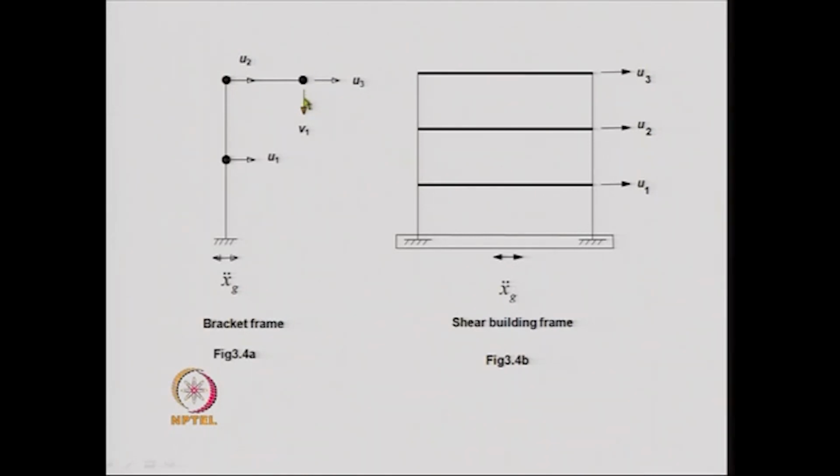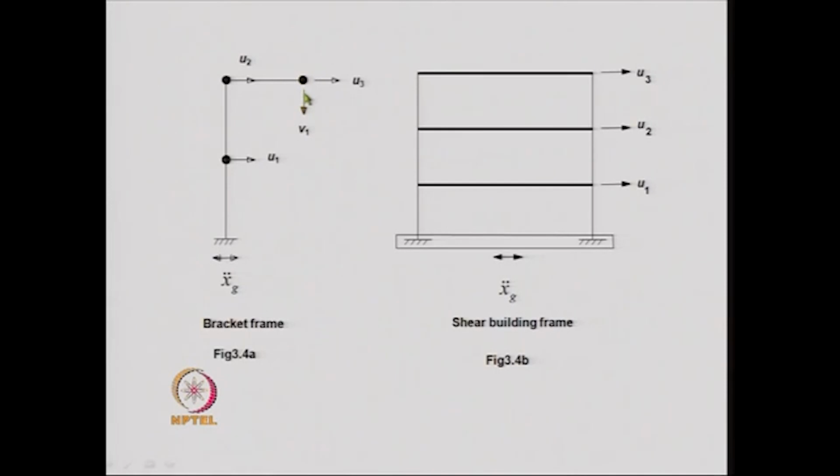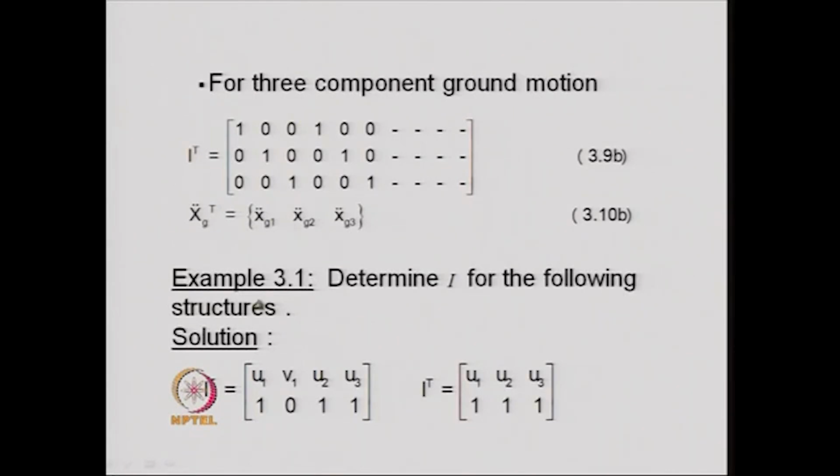So, in this case the influence coefficient vector I takes for U1 the value 1, for V1 it becomes 0, and for U2 and U3 they become 1. Since there is no ground motion acting in this direction, we have this form of the influence coefficient vector with the 0 coming into the picture.